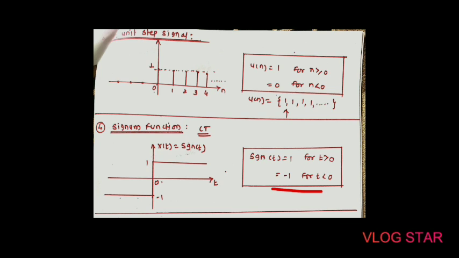This signum function is also called an odd or antisymmetric function because here the value of 1 is present for the positive axis and minus 1 amplitude is present for the negative axis. So it satisfies the odd property of a signal, that is x(t) = -x(-t). So it can be considered an odd or antisymmetric function.